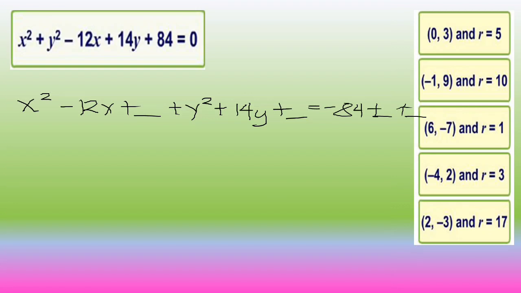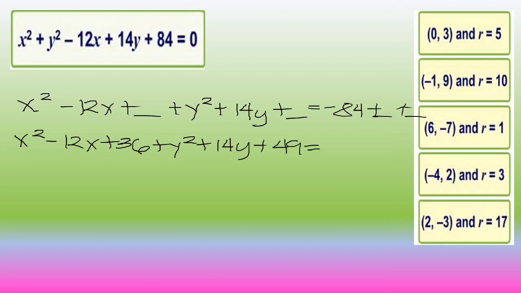So we have x squared minus 12x. Negative 12 divided by 2 is negative 6, squared is equal to 36. Then y squared plus 14y: 14 divided by 2 is equal to 7, 7 squared is equal to 49. So we're going to add that particular value on the right side of the equation as well.